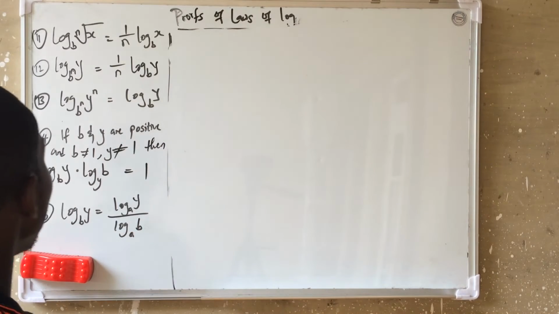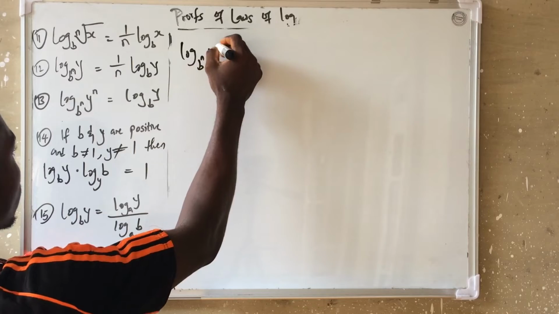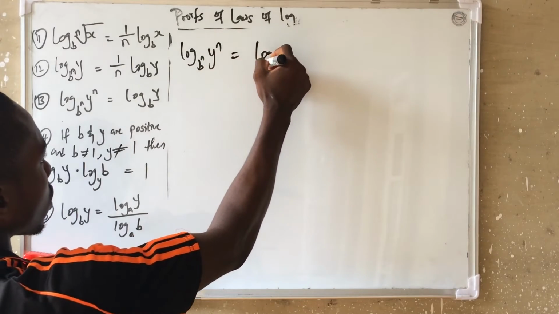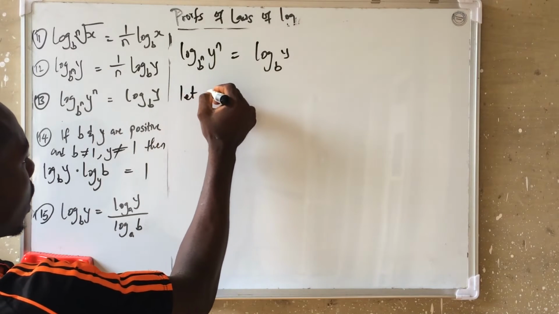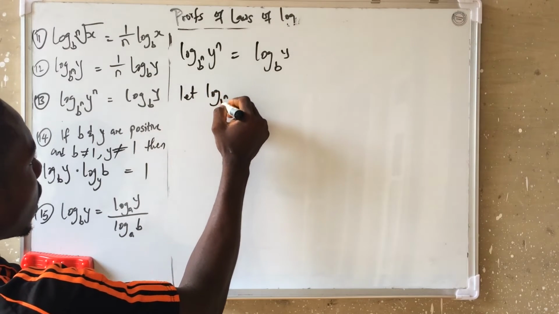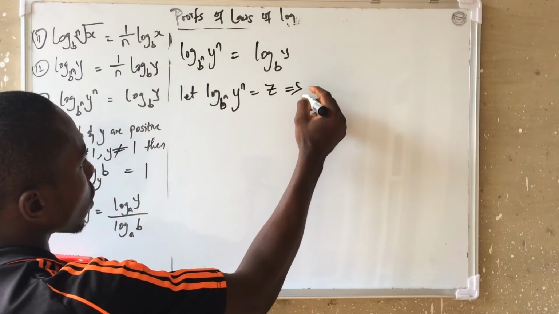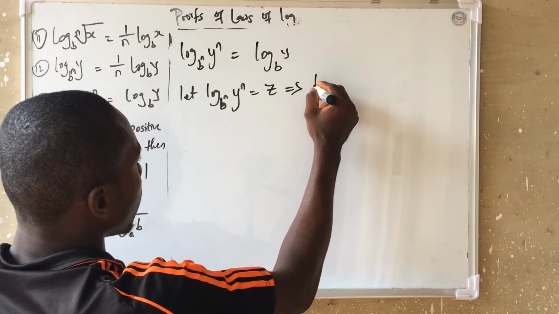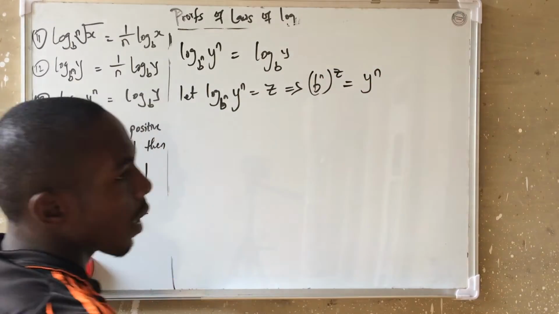So now we go back to number 13. Number 13 says log to the base b of y to the power n is equal to what? Log to the base b of y. First of all, let log b of y raised to the power n equal z. Therefore b raised to the power z is equal to y raised to the power n.